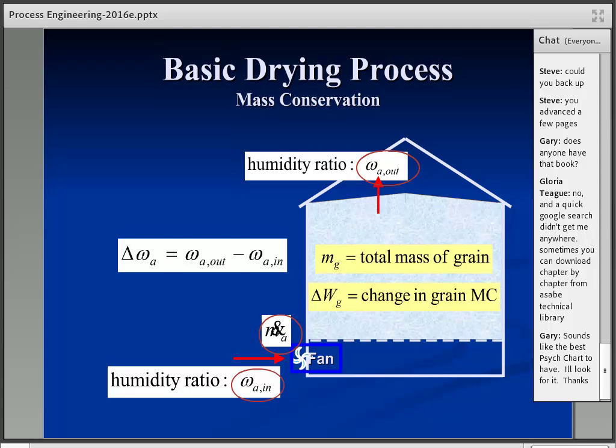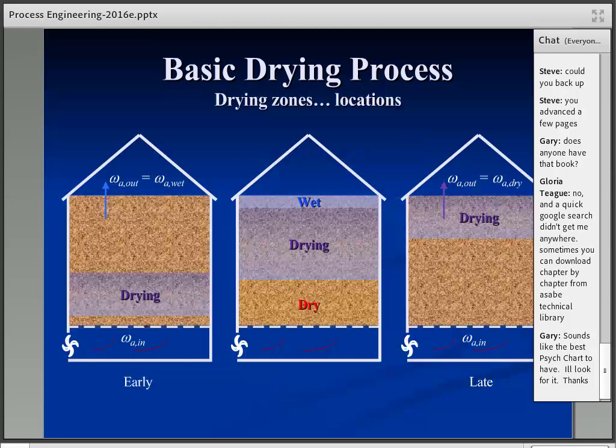The material in there that's drying, grain, I've listed here the change in moisture content of that grain is going to be the same amount of moisture. It leaves the grain, goes into the air. So you can equate those two things, make sure you get the units right, and you'll get the mass balance for the amount of moisture being removed there.